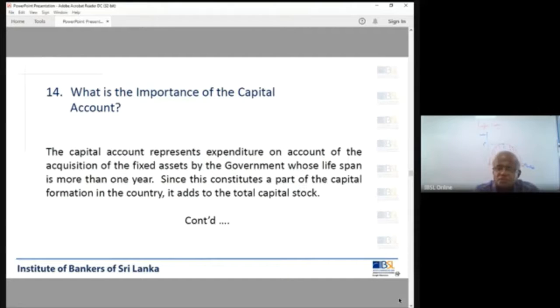Since these constitute a part of the capital formation in the country, it adds to the total capital stock. Capital stock means what? Buildings, roads, hospitals, school buildings. Total capital stock increases.